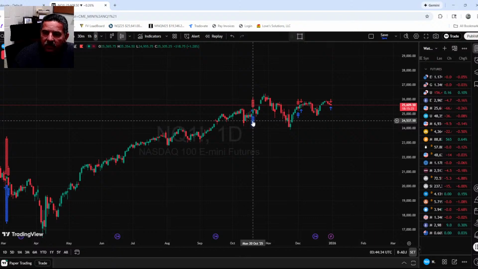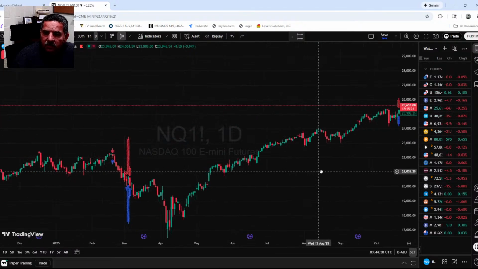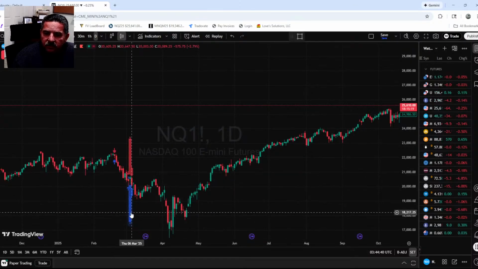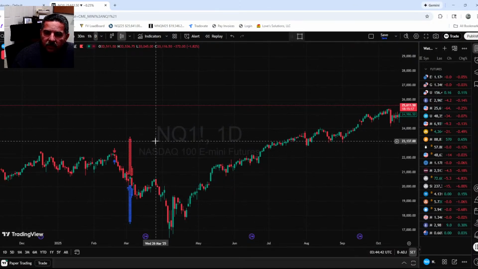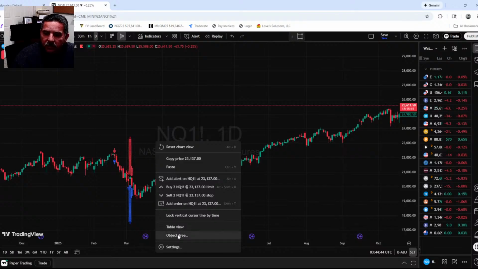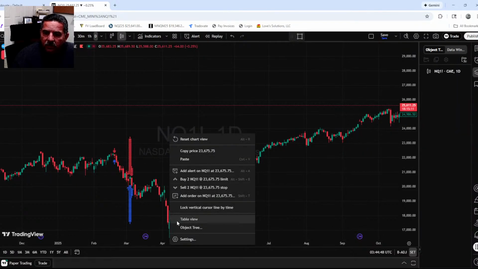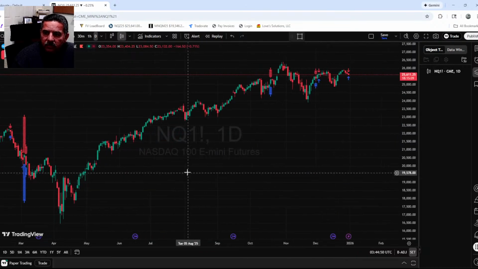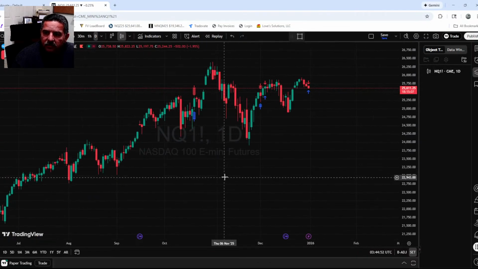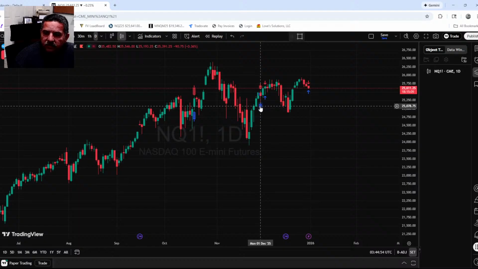Remove. I don't know what this is, but I don't need any of that. Object tree. Reset chart. What's on that? I don't need these arrows. I don't need that either.